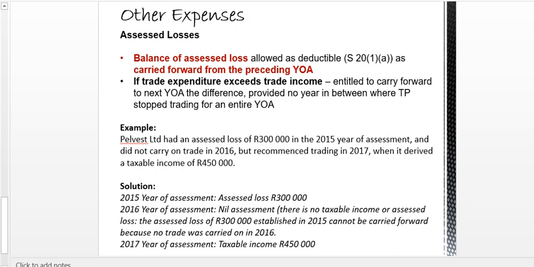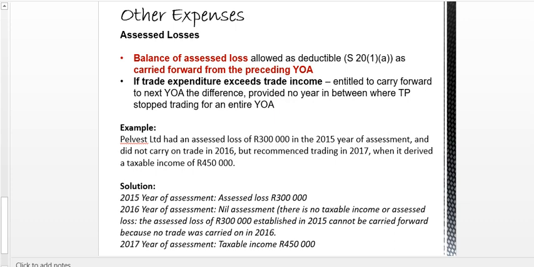Then what you can do is, during the next year of assessment, you can take that loss you made and you may add it back to your taxable income. So in other words, you won't pay tax previously, you might pay some tax now.